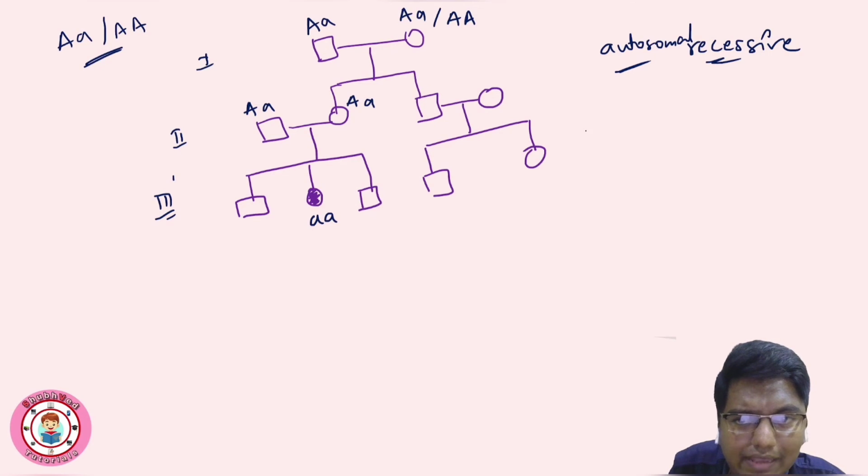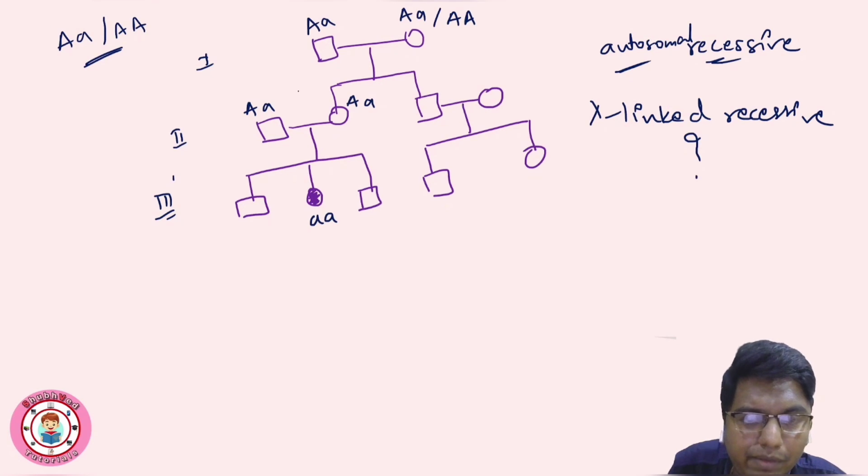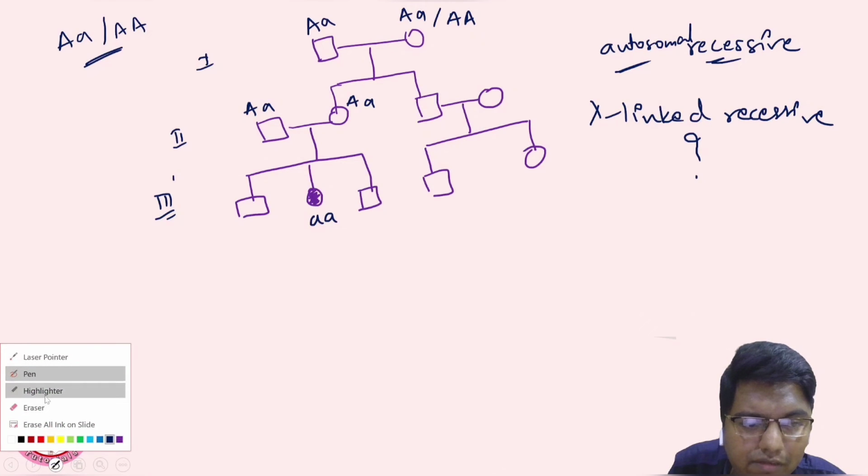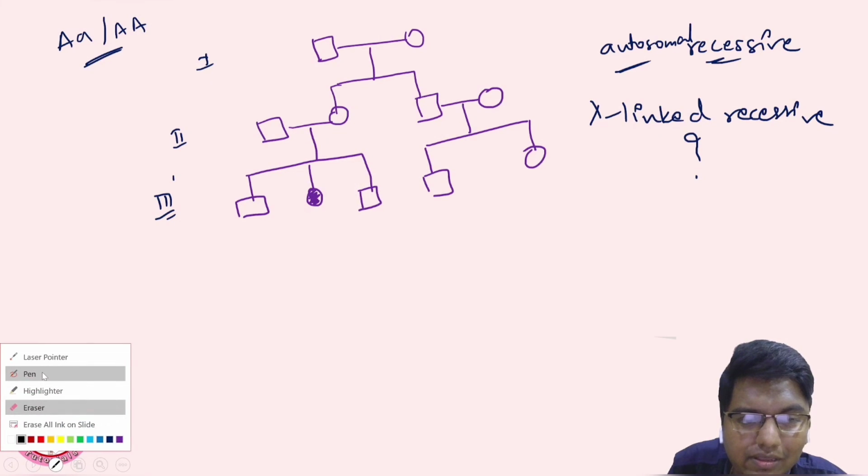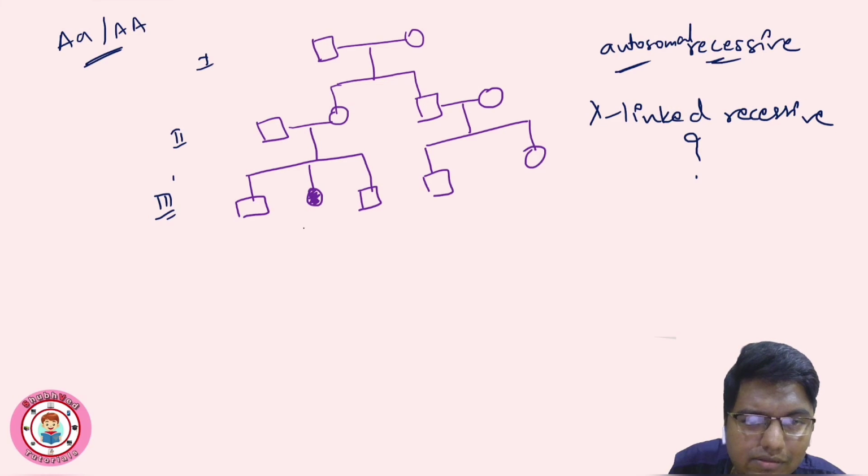But why is it not X-linked recessive? Because if we say that, see, this is a daughter, right? If this daughter is affected, now we are seeing X-linked, so I will erase this to avoid confusion. So let's see why this is not X-linked. For X-linked to occur, suppose this is a daughter and she is affected.